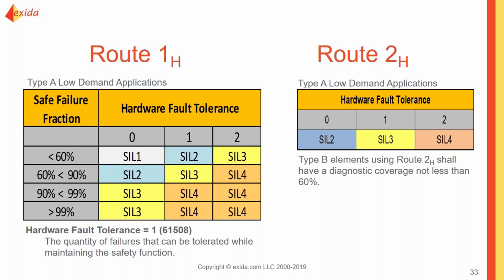I need to be a SIL 3. Instead, I need to have a 1 out of 2. That might mean I have 2 ball valves set up in series, so it doesn't matter if only one of them works. It will still do its job. It has a full extra set of equipment doing the same job.